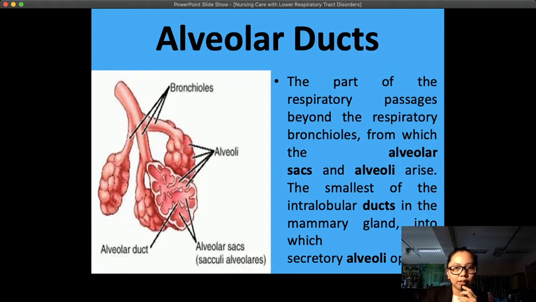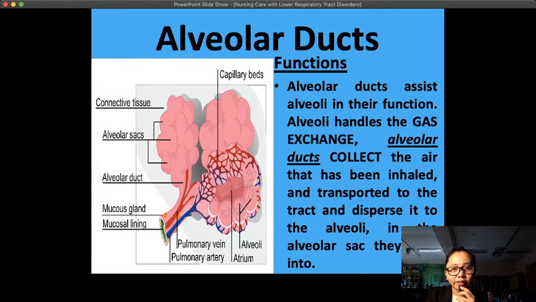So, alveolar ducts assist alveoli in their function. Alveoli, this is your entire alveoli, handle the gas exchange.